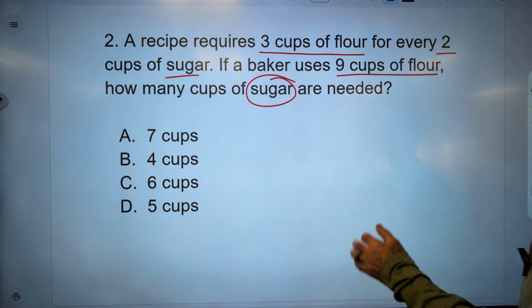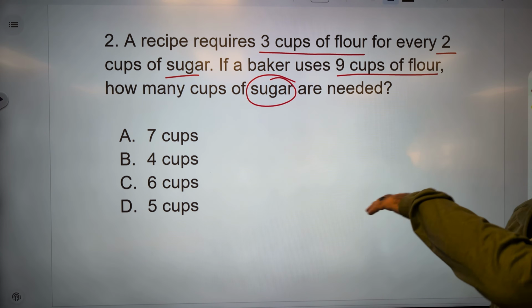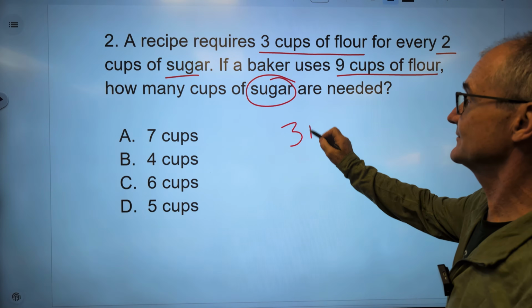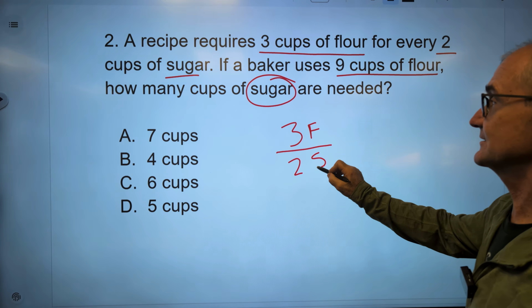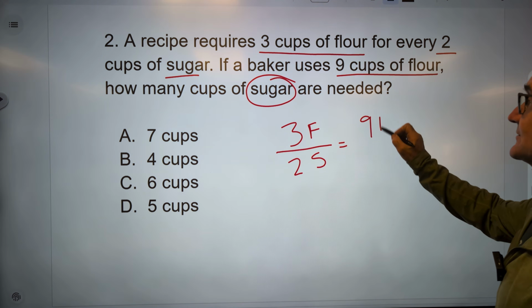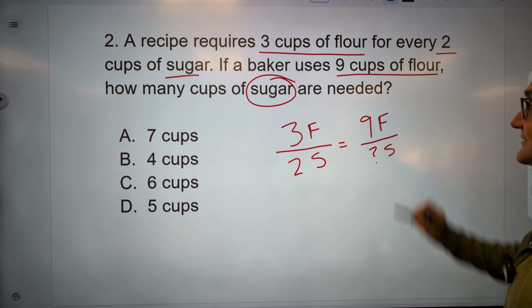So I'm looking for the number of cups of sugar. This is one ratio equal to another ratio. That's called a proportion. So I have 3 cups of flour for every 2 cups of sugar, and that is going to have to be equal to 9 cups of flour to how many cups of sugar?